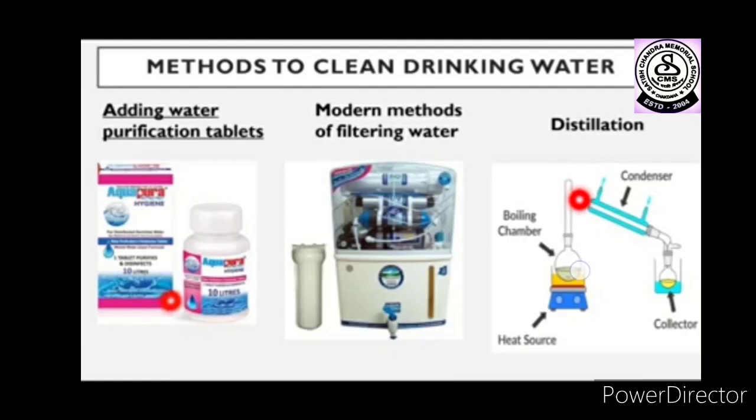Now through this tube it will condense and convert into water, and then it will be stored in a water collector. A very easy way you can see at your house: when you are boiling the water and you put a cover on the pot, all the vapor after boiling goes and gets trapped under the cover.